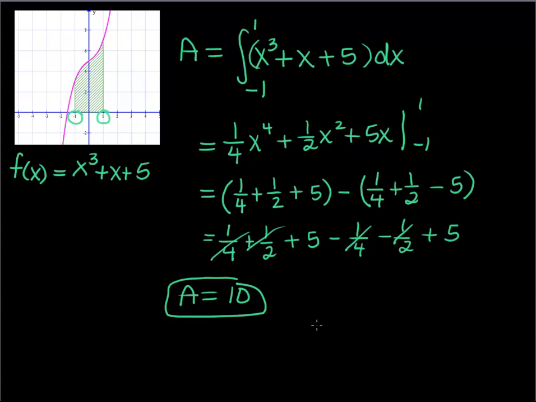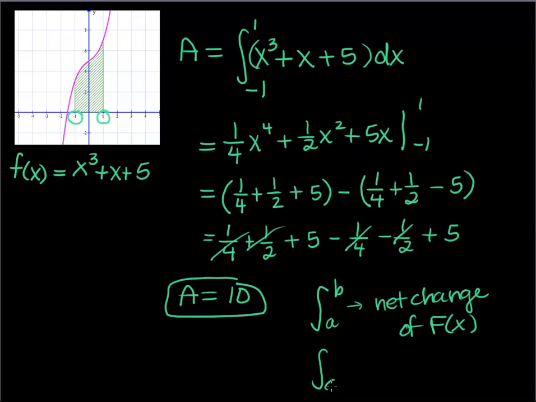Good. All right. So that's the first part of this section, this idea of the definite integral. So we have two things for the definite integral now, right? I know the definite integral from a to b can give me the net change of my antiderivative, capital F, okay? And now I'm being a little lazy here.